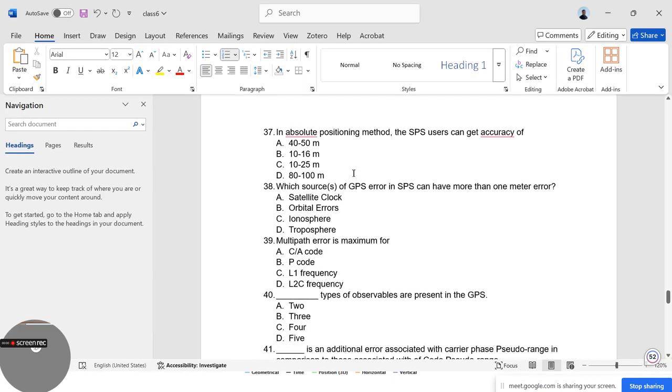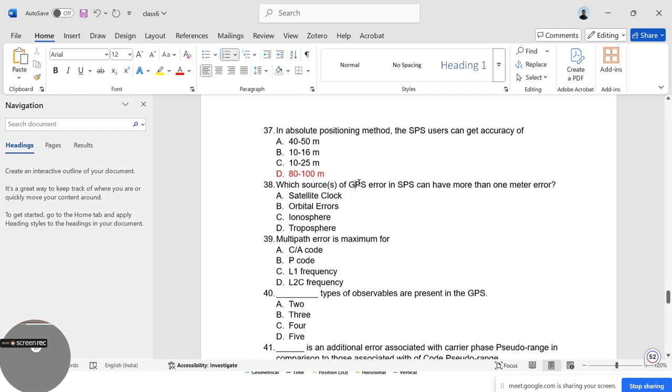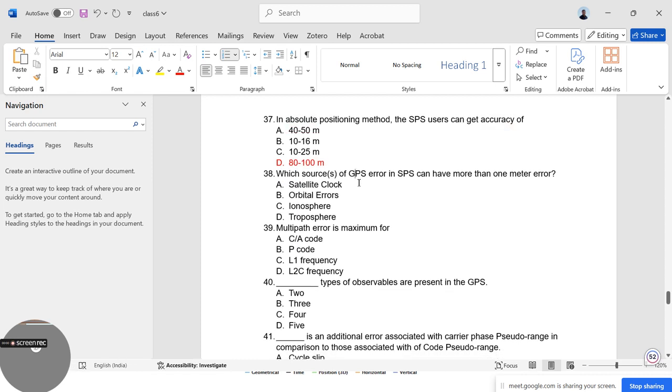Next is, in absolute positioning method, the SPS users can get the accuracy of, so this is the standard positioning system. We get the accuracy of around 80 to 100 meter in this case. Which source of GPS error in standard positioning system can have more than 1 meter error? Any guess here?